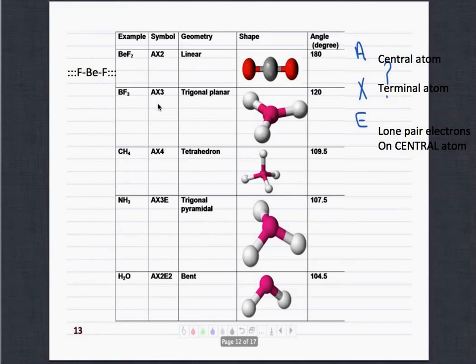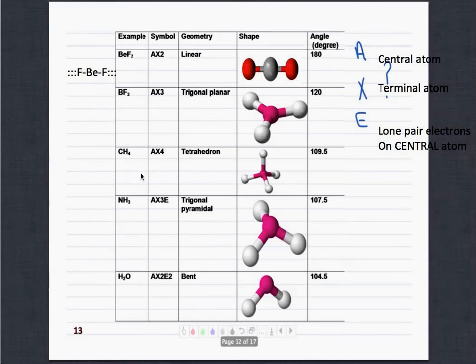Okay, now let's go to methane as an example. The Lewis structure of methane is CH4. I'm going through the Lewis structure faster now, but you need to determine the central atom connected to the terminals, calculate the total number of valence electrons minus the bonding electrons, and put the lone pairs on the terminal atoms. So the central atom is AX4.